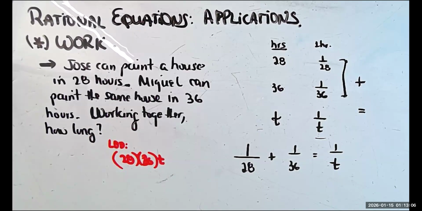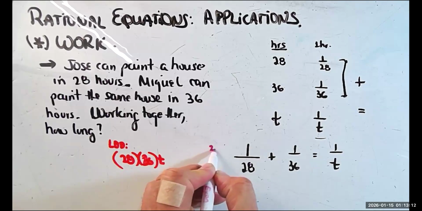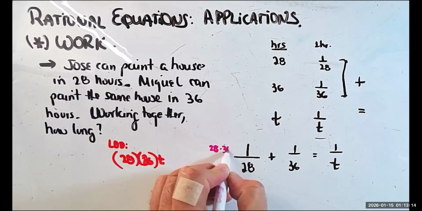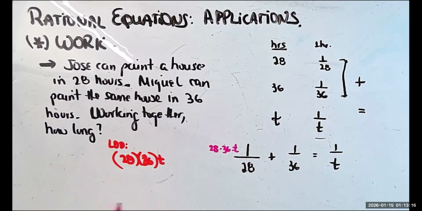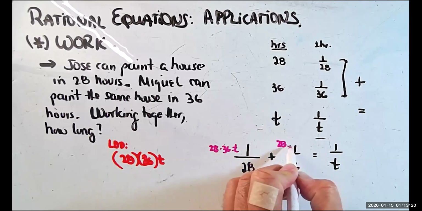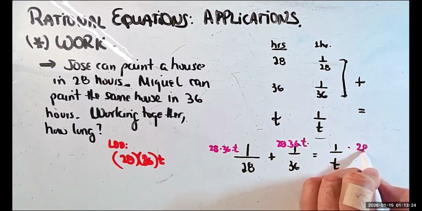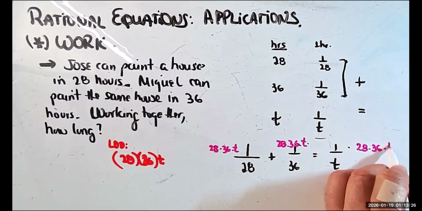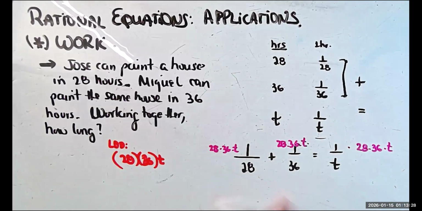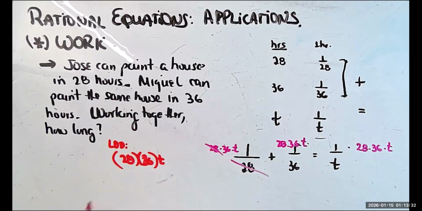So instead of actually multiplying, I'm going to leave it as is, because now I multiply each fraction by the LCD, 28 times 36 times t. Same here, 28 times 36 times t. Here, 28 times 36 times t. I didn't bother multiplying the numbers, because look how easy it is.